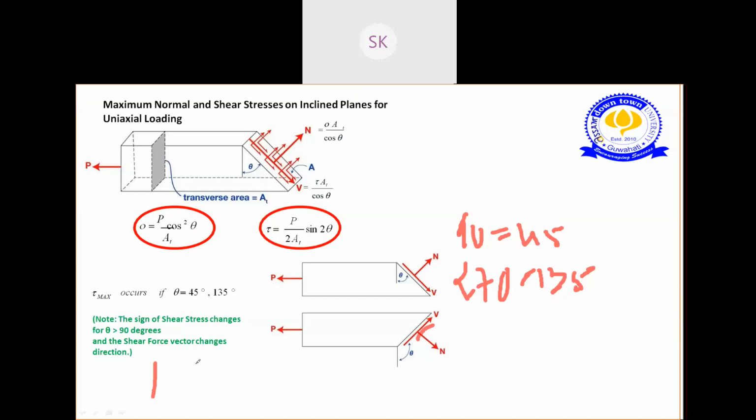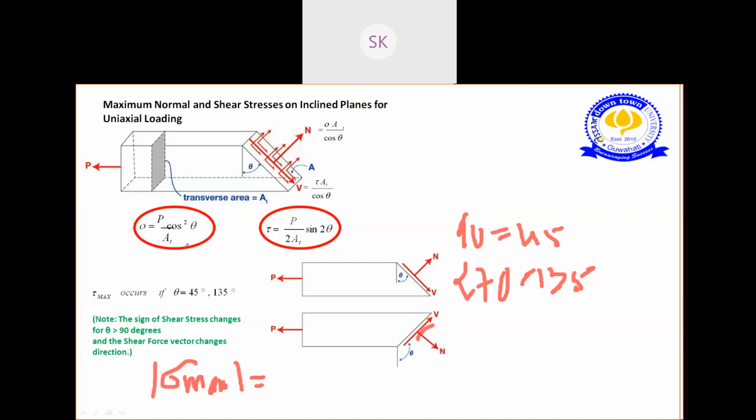Now here comes the important part of the lecture. What will be the magnitude of sigma max? Suppose I put cos theta equal to 1, what will be the value?